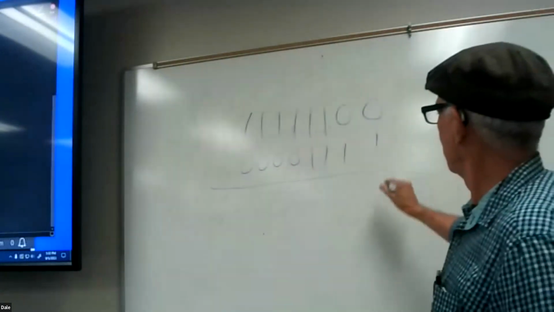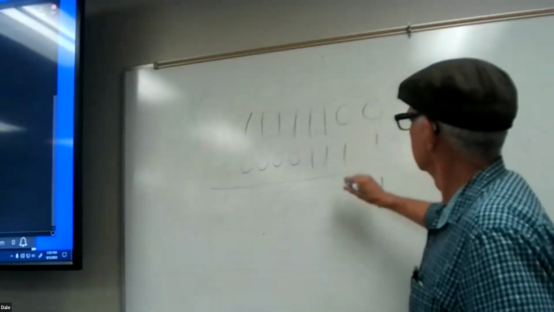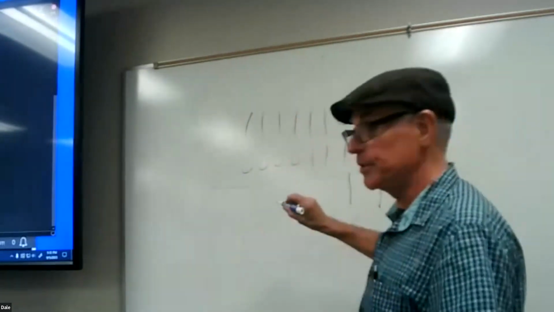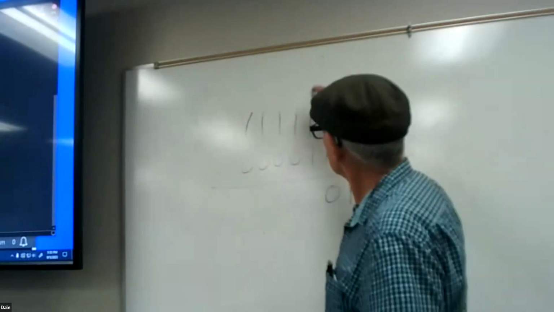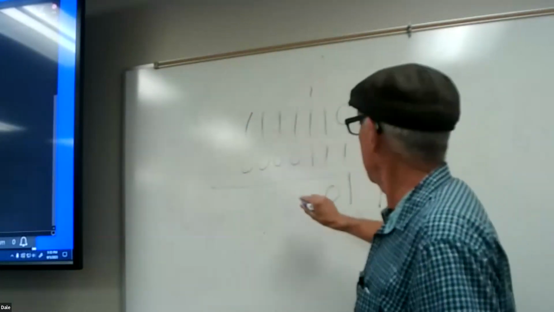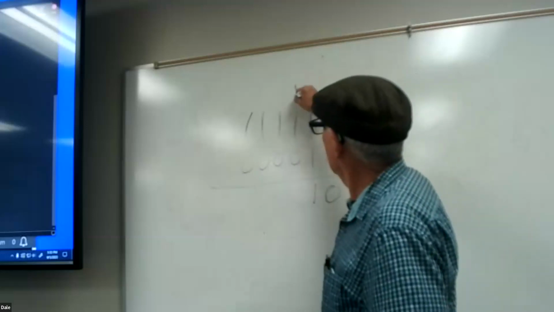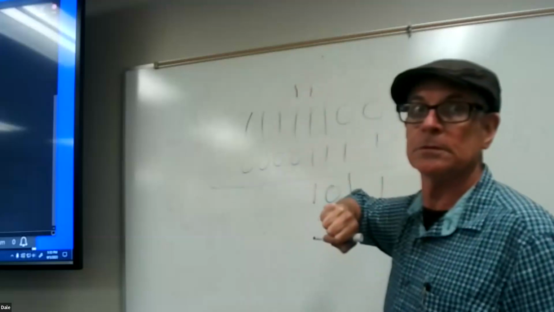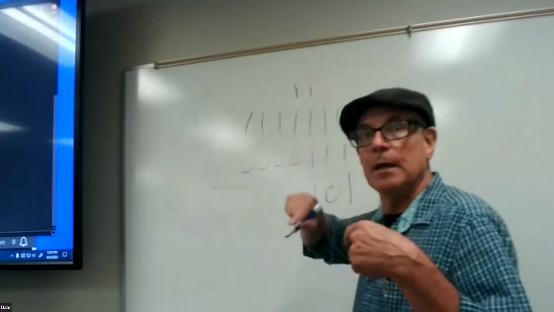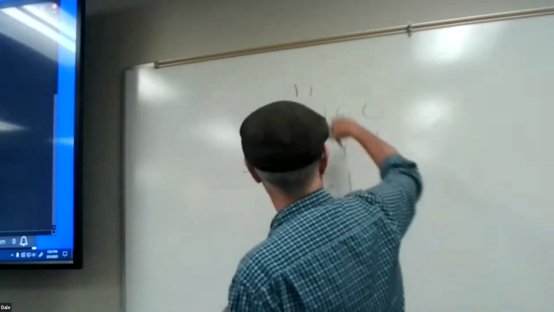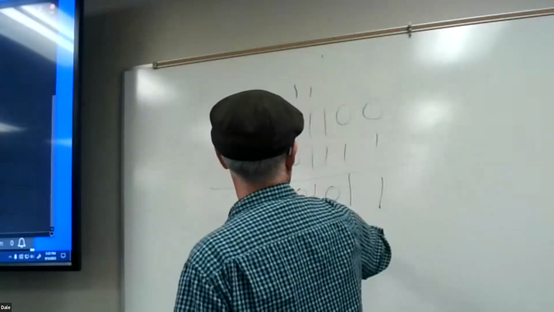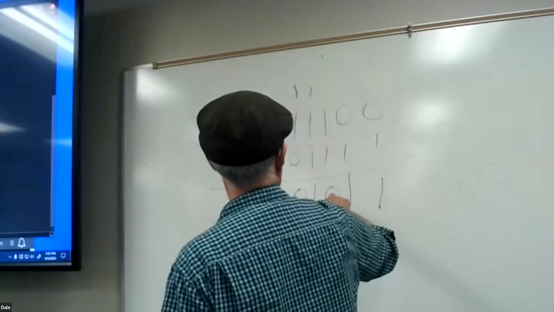Okay. 0 and 1 is 1. 0 and 1 is 1. 1 and 1 is a 0 with carry. Now we have 3 of them. So we have a 1 and a carry. That kind of makes sense a little bit. Okay. So now I have the same thing. A 1 and a 1 is a 0, right? With no carry.